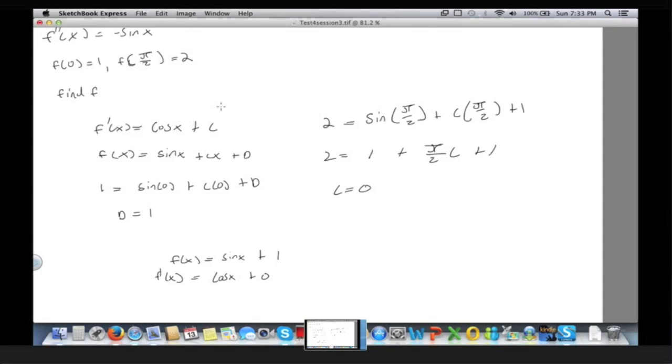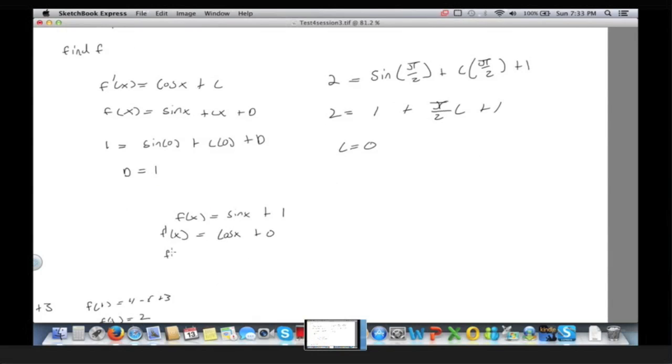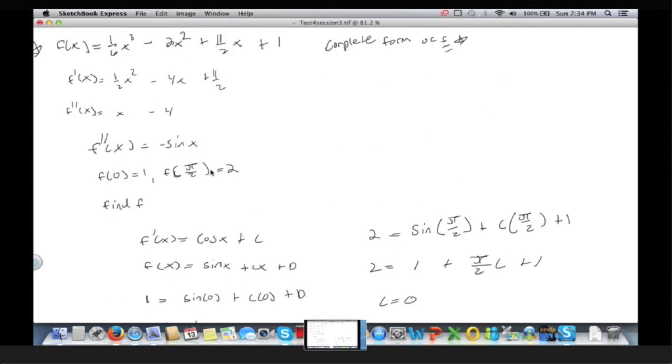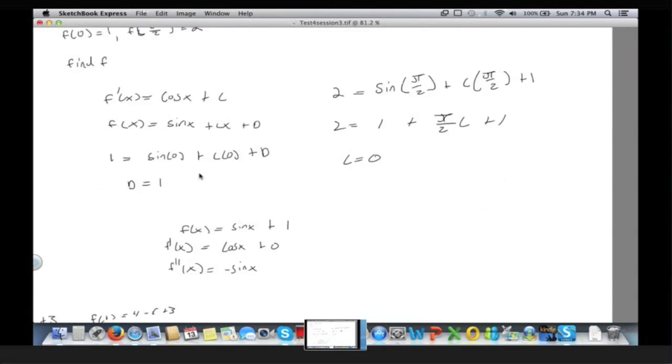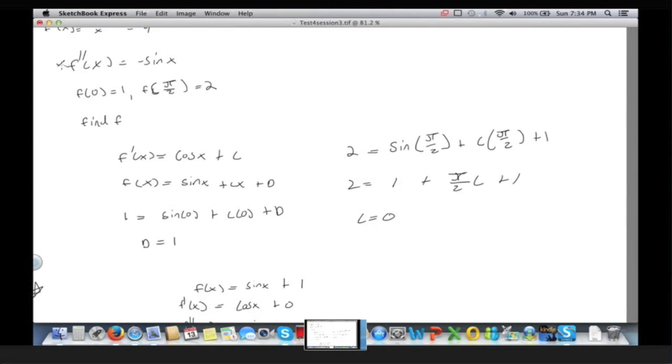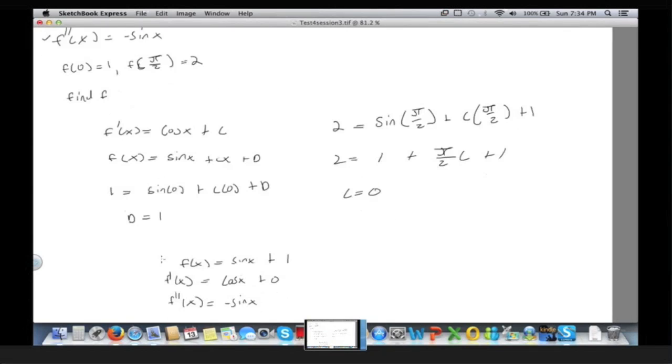We can't write the simplest form yet, or we can afterwards. I don't know. Okay, f double prime: the derivative of cosine is negative sine of x. Okay, so that's good. That was good, and that was good.